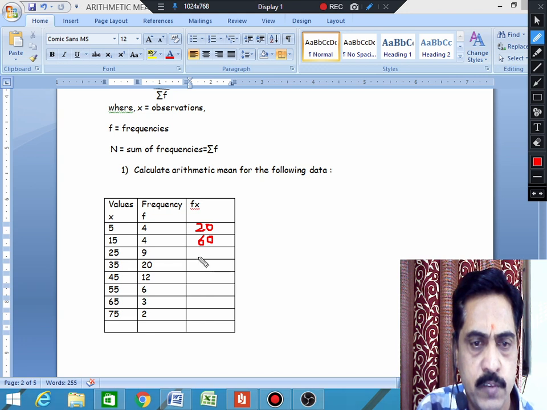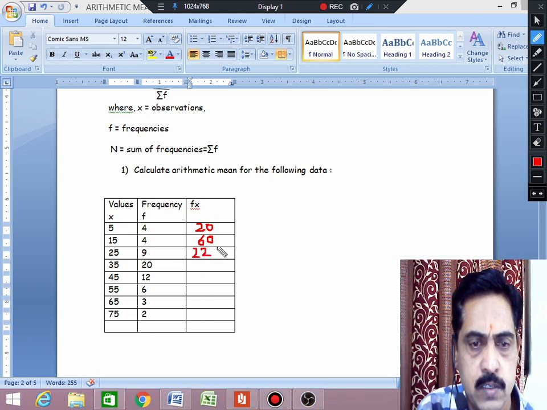Next 25 into 9, this is 225. 35 into 20, this is 700.